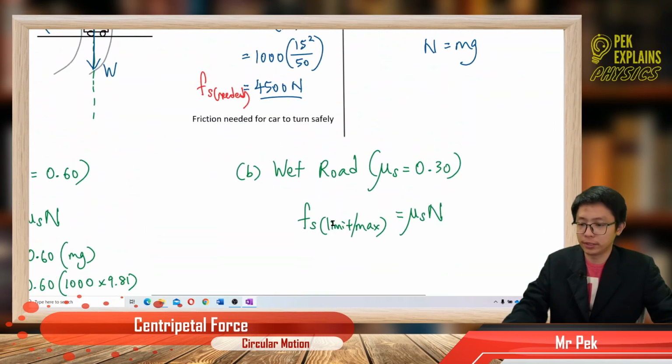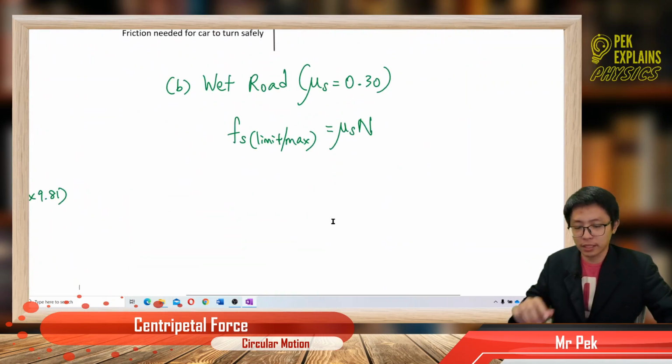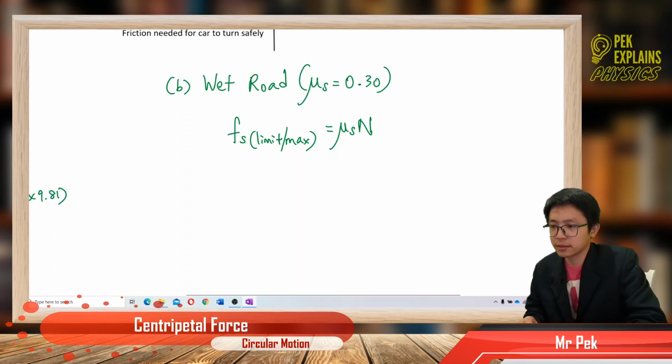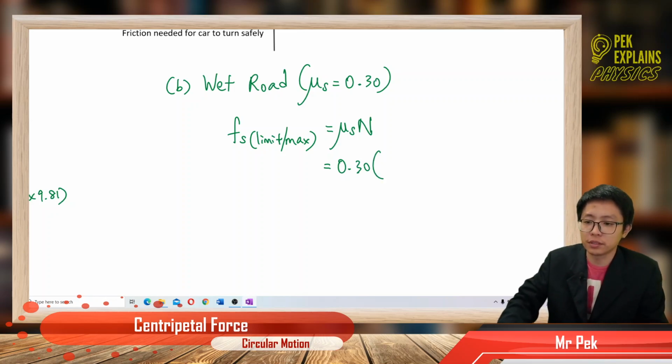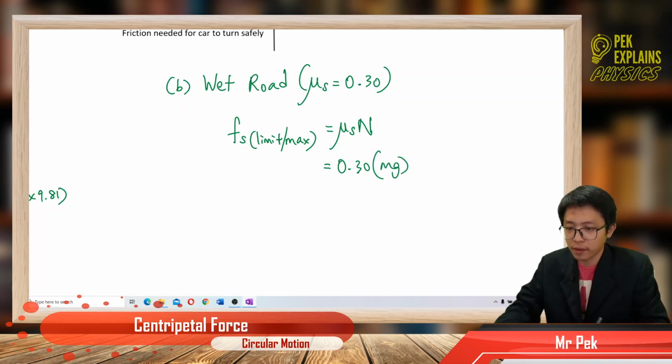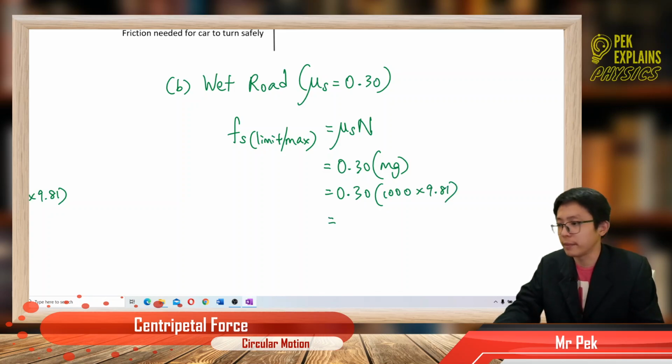Now, how about the wet road? Let's calculate the limiting static friction the road provides. So the mu s is only 0.3. The normal force is mg, as just now. Again, the mass is only 1,000 kilogram.